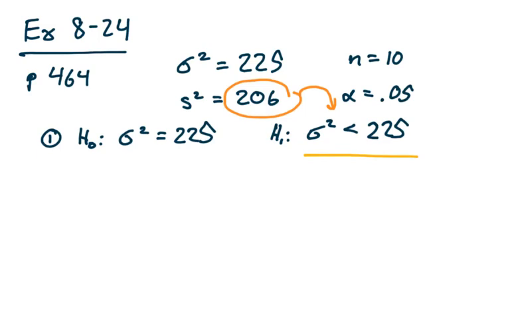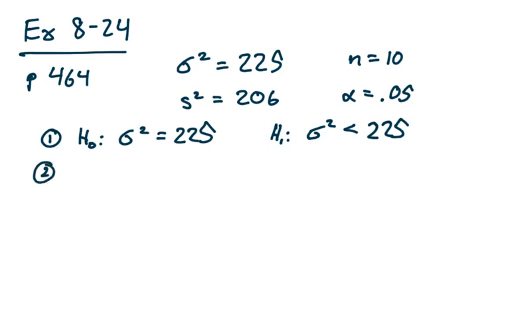Keep in mind that this value that we're talking about in h subscript 0 is going to be the same as the one that we have in h subscript 1. We're simply saying a statement of equality in our null hypothesis, and we're saying an inequality, but using that same value in the alternative hypothesis.